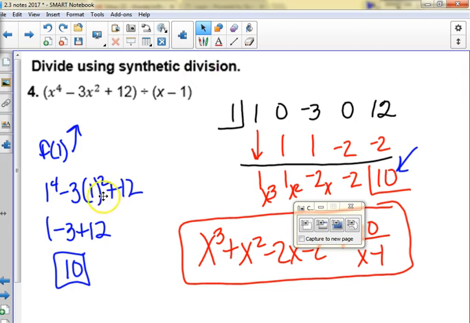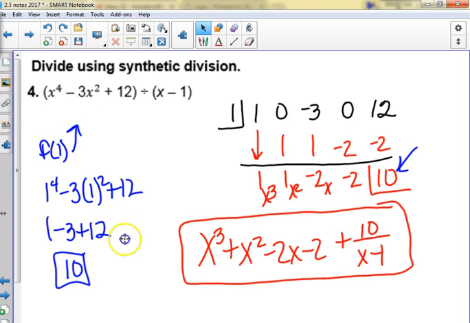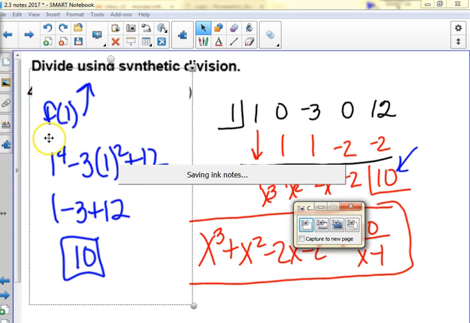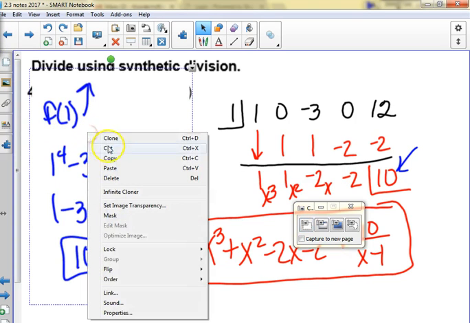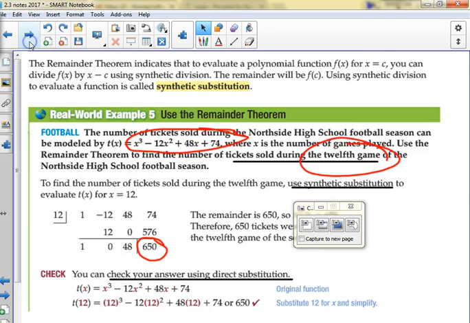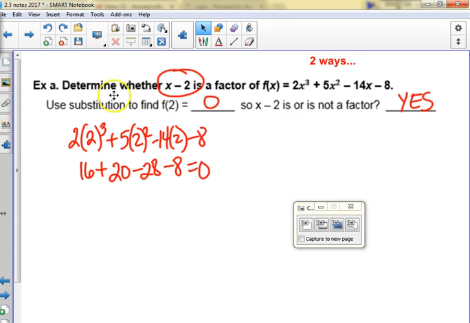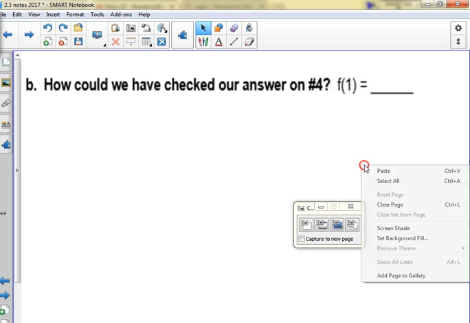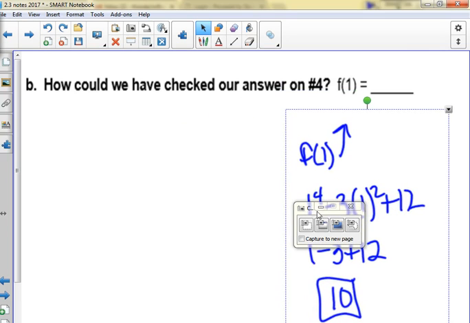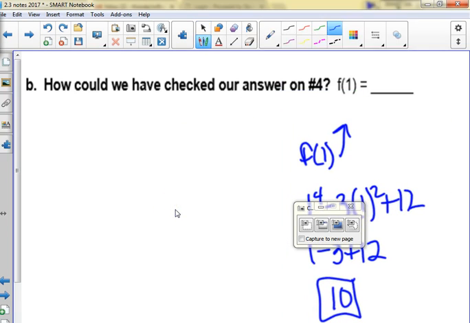Okay. All right, I want to take this for the notes for people who are needing the notes. Put it here. So we did get 10 when we checked this.